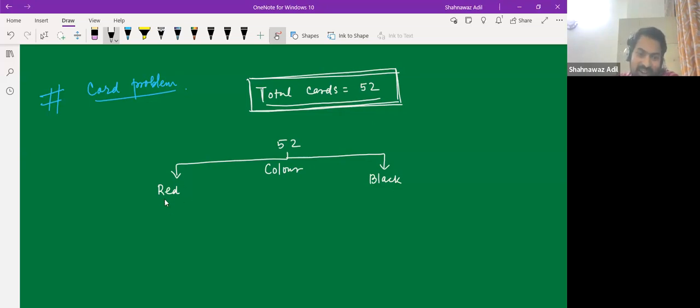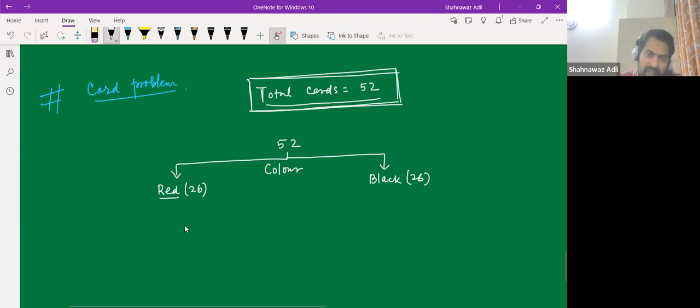No, I'm saying how many red cards? 13. Total is 26. Right? So did you guys understand, Tejasvi and Amira? Yes, sir. Total is 52 and then half is red, half is black.